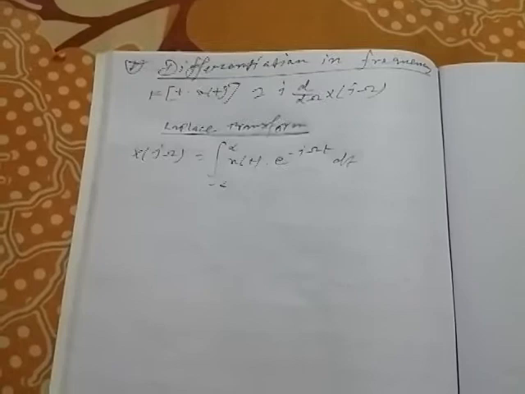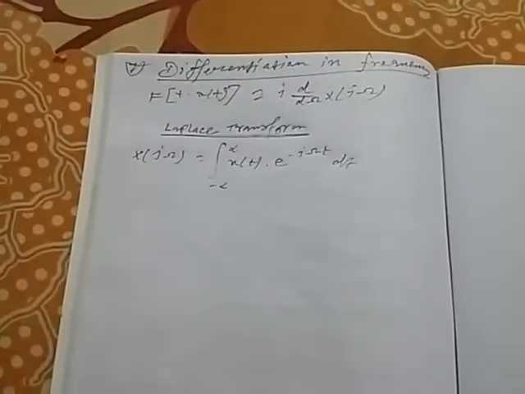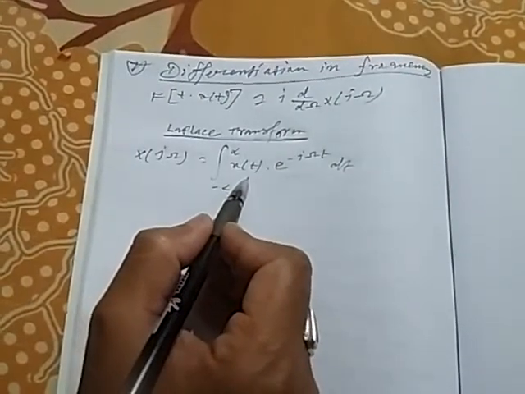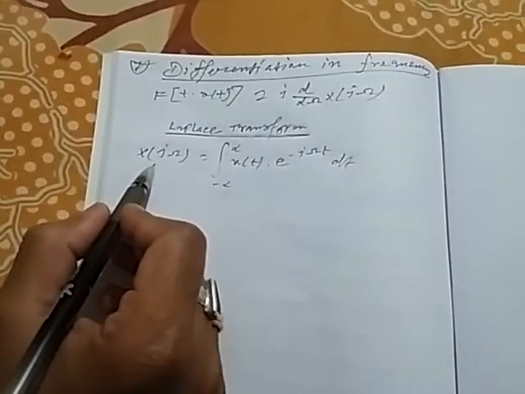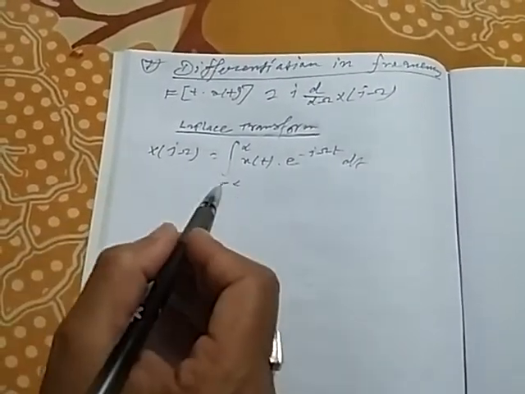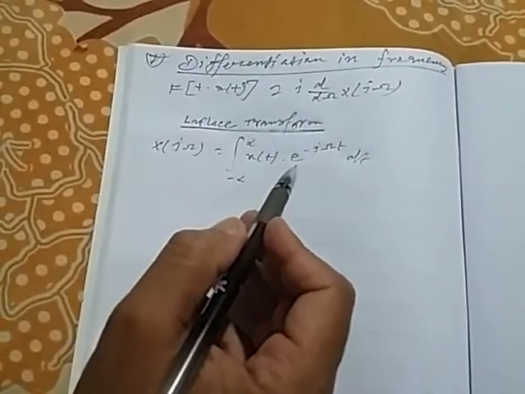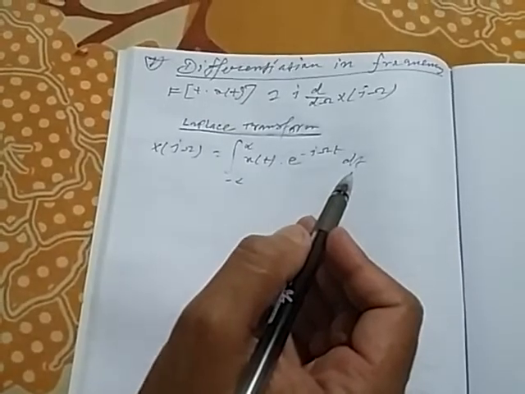Now we know the formula of CTFT, that is continuous time Fourier transform of any function x(t), is represented by capital X of j omega, that is equal to integration over minus infinity to infinity x(t) into e to the power minus j omega t dt.